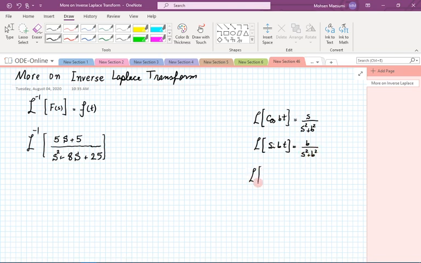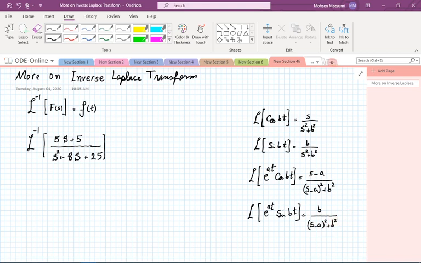Then we said if you multiply by an exponential, like exponential of at cosine of bt, this exponential creates a shift in your formula, so it becomes s minus a over s minus a squared plus b squared. Similarly, if you have exponential times sine, it translates the s in this formula, so it becomes b over s minus a squared plus b squared.